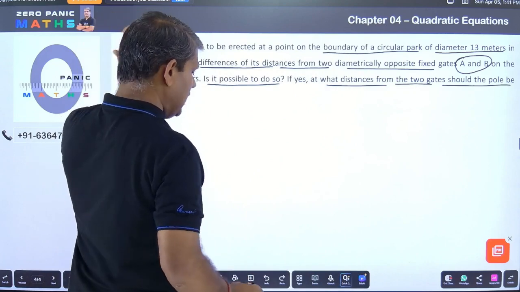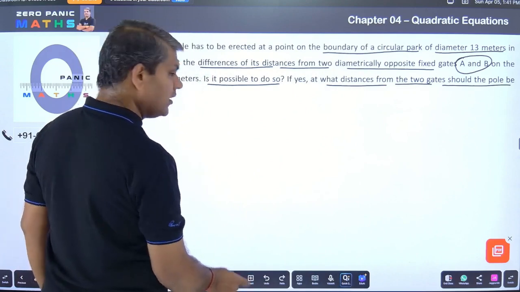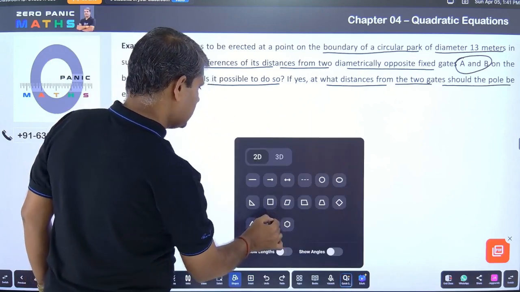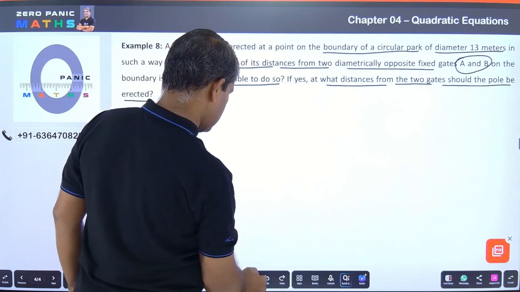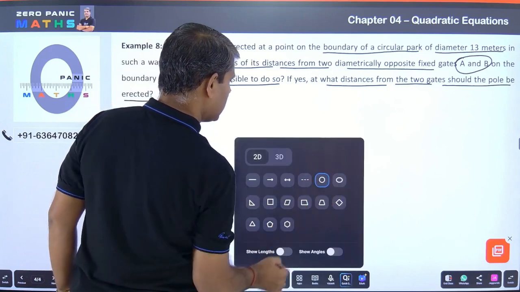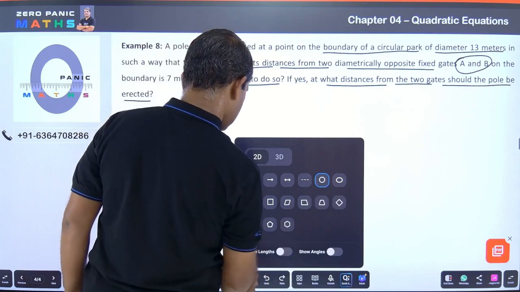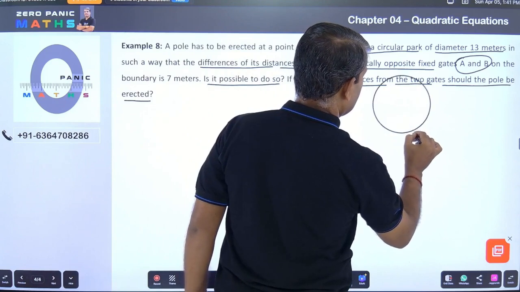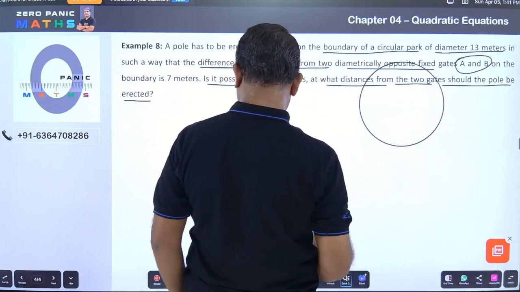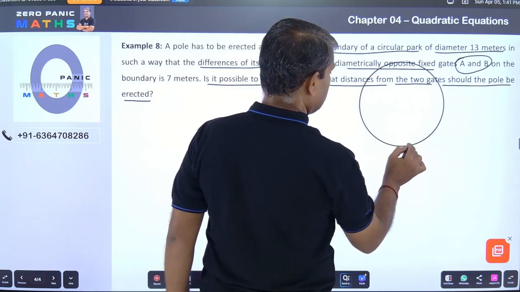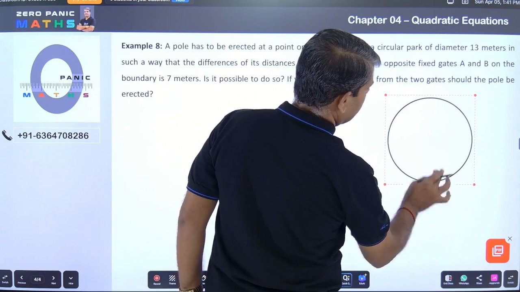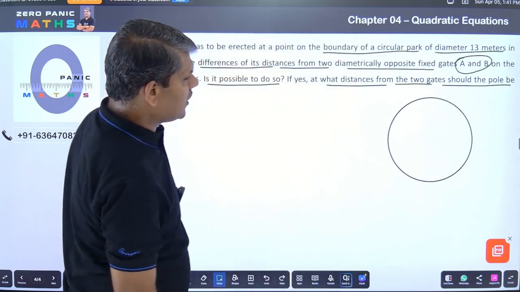Let me first draw that circular diagram. Let me take the circular shape and draw this. Okay, this is the circle.